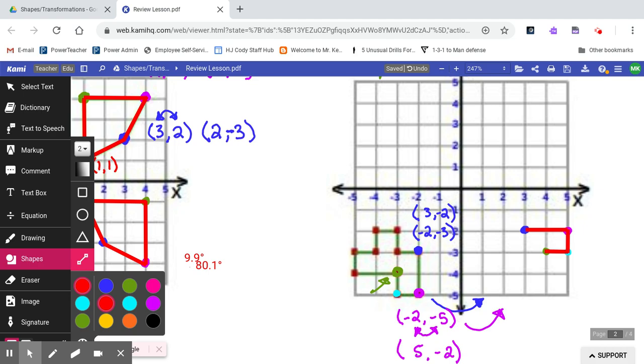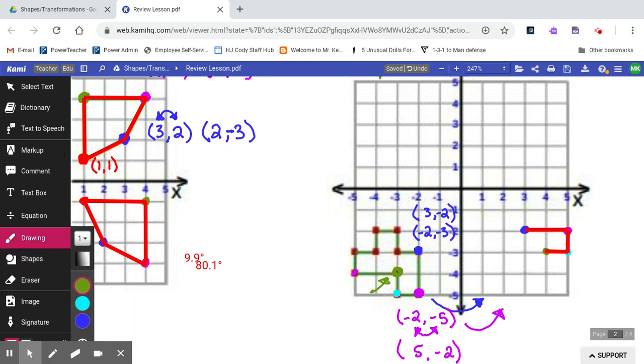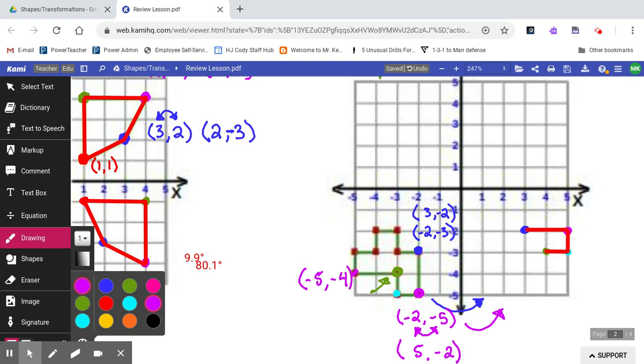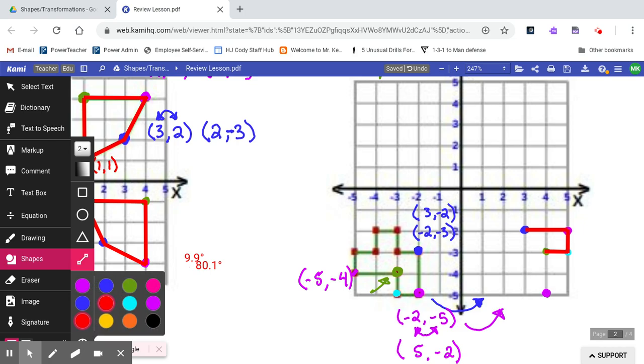My next one over here, the purple one. That purple one should change from -5, -4 to be +4, -5 over here. And then again, connect the dots.